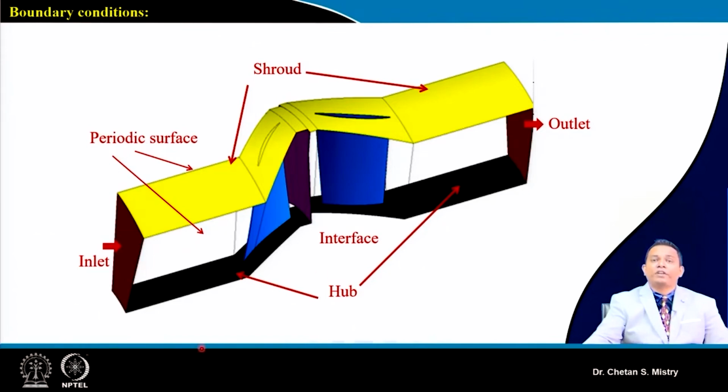In open literature, most of the time the best practice guideline says my outlet domain needs to be 2 chord downstream from my trailing edge of the rotor or stator, or at the exit of my stage. So from here, 2 chord downstream, we will put our outlet flow domain.